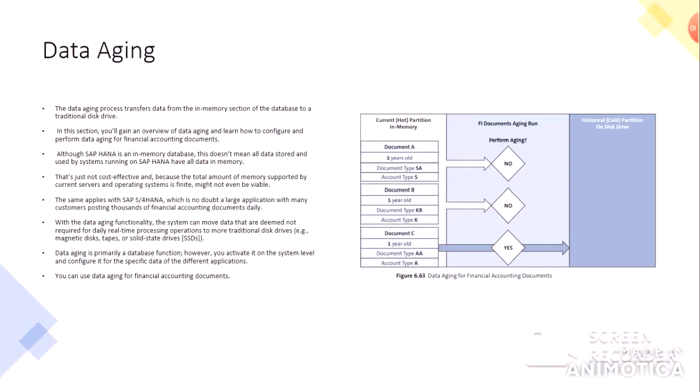Data aging is primarily a database function. However, you activate it on the system level and configure it for the specific data of the different applications. You can use data aging for financial accounting documents.